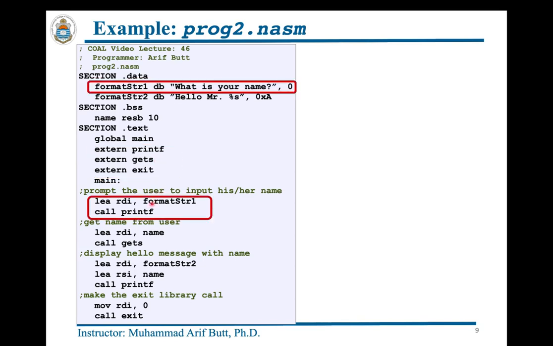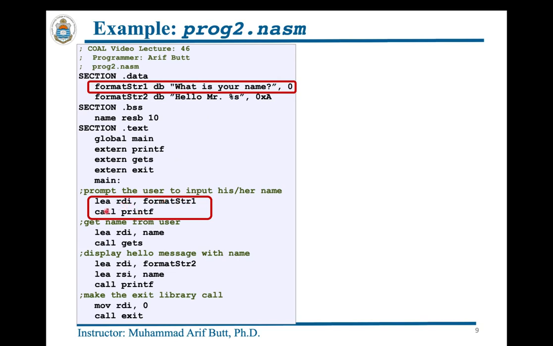Okay, so let's move on to these 2 lines after this main function. This first line loads the effective address of format string 1, the starting address of this string, inside the RDI register, which is the register containing the first argument to this printf library call.